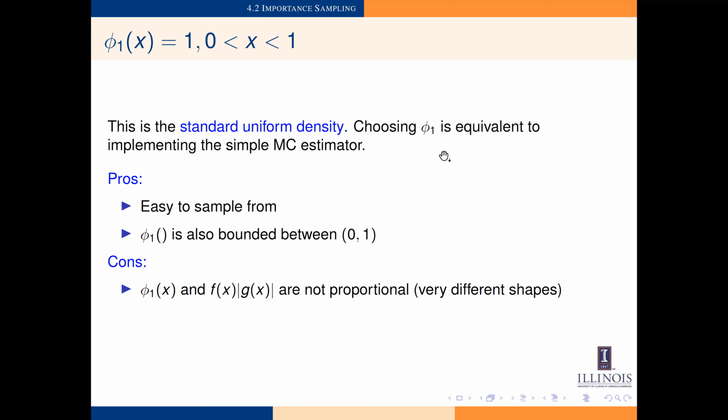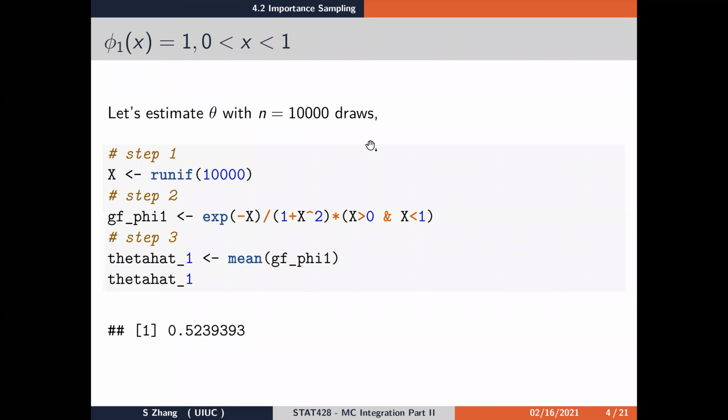For now, let's not consider the efficiency of this estimator using importance function phi 1, but let's just consider how we can implement this estimator inside R. So let's consider estimating theta with a total of 10,000 draws.